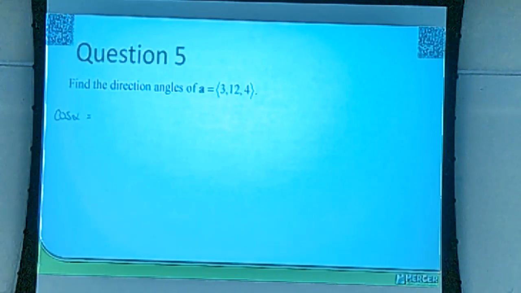Cosine of alpha. For the x axis, why don't we just use i hat? Well, i hat is what? 1, 0, 0, right? What happens when you take a vector and dot it with i hat?